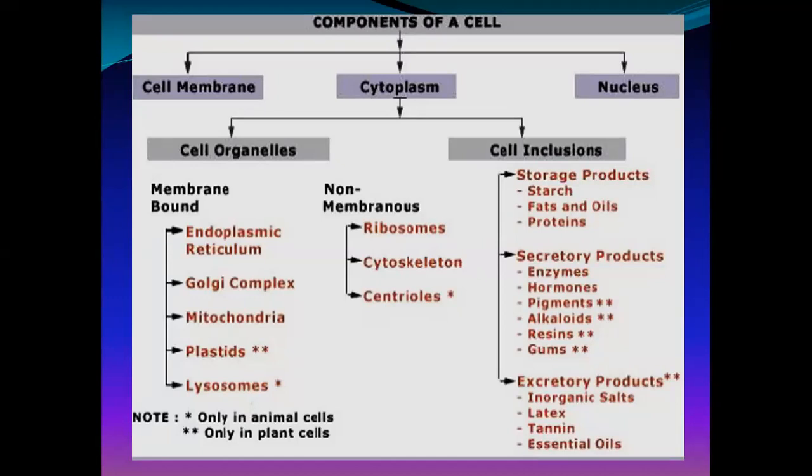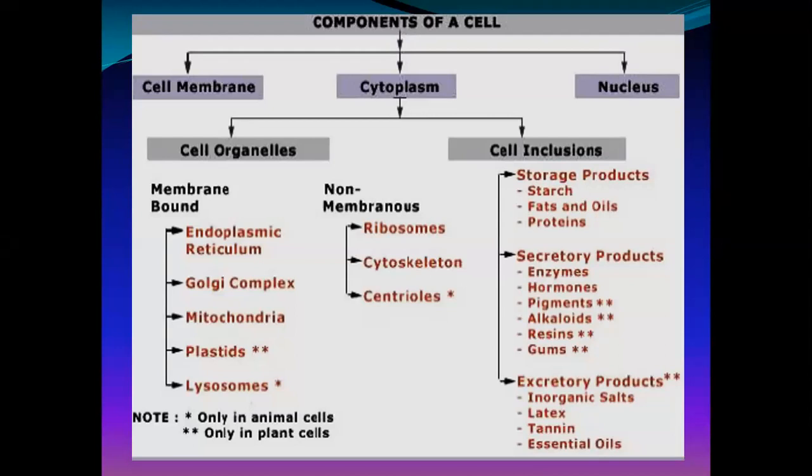Okay, right. So now we go to the cell inclusions. Cell inclusions are what? Storage products are there. In plant cells, starch, fat, oil will be there, proteins will be stored. Secretory products will be there: enzymes, hormones, pigments, alkaloids, resins, gums.